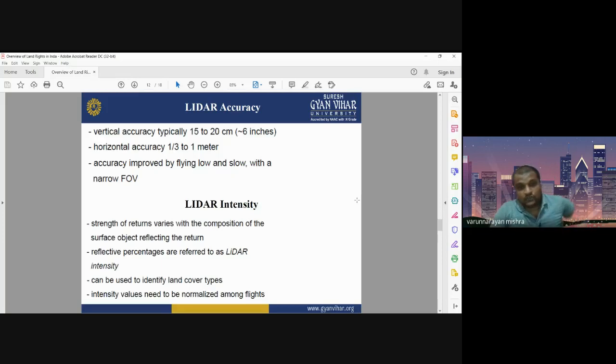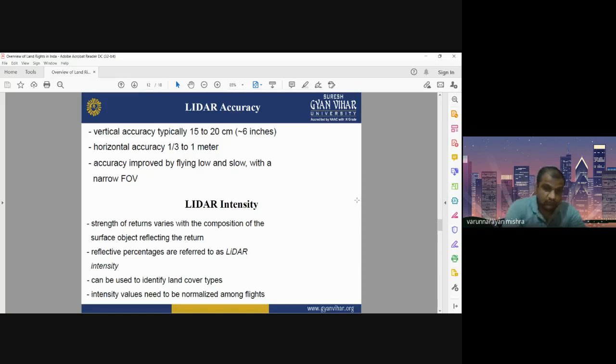So lidar accuracy depends on the flying height, the speed of the aircraft, and the narrow FOV. Narrow FOV is an important component. If we use a very narrow FOV, it will provide more detailed information about the object with good vertical accuracy.